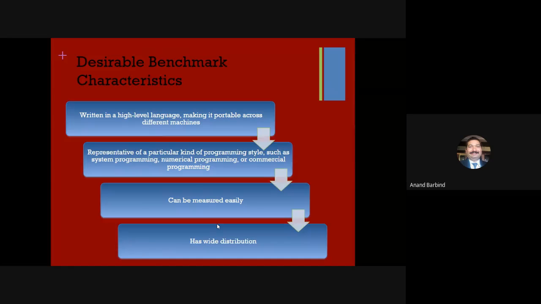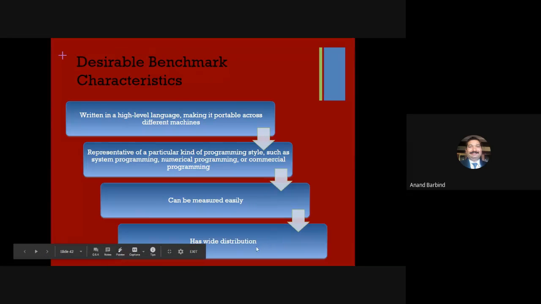The execution time and other parameters should be easy to measure, and they should have wide distribution, so the program should be easily available for measuring the performance. So these are the desirable benchmark characteristics.